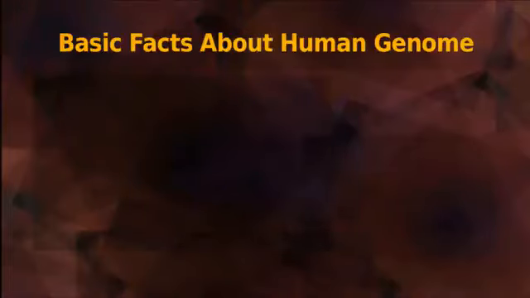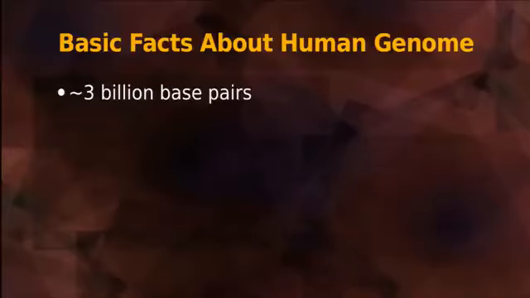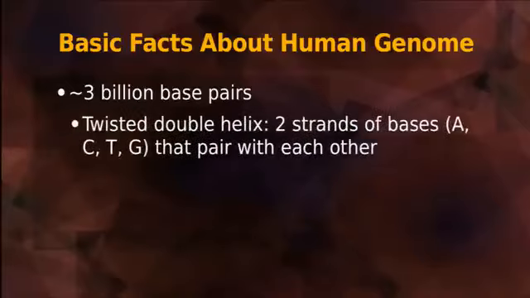Now, I want to begin by talking about how the human DNA is organized. I'm going to give you a little bit of background here because some of these terms you'll hear come up over and over in the presentation. So, just some basic facts about the human genome. The genome is the DNA inside the nucleus of our cells. In humans, it is composed of about 3 billion base pairs that form a twisted double helix.